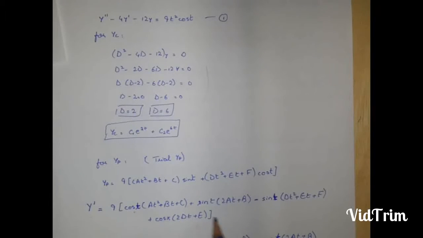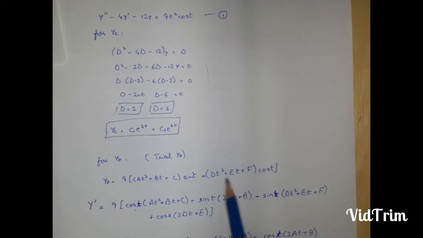So I took the first derivative over here. The derivative of sin t will be cos t and this whole term will be like this. Then the derivative of the other term gives sin t and this whole term will be 2at plus b. Do the same thing over here.